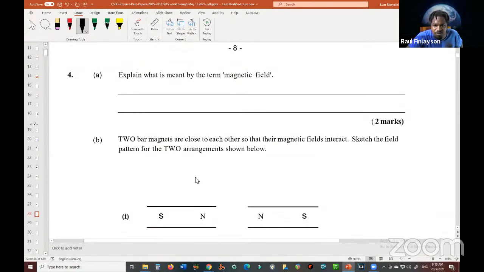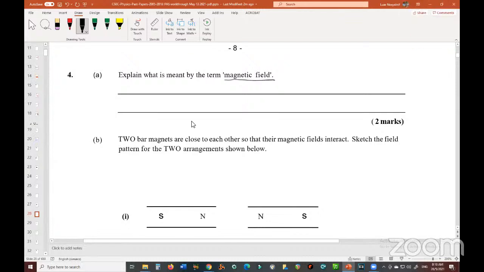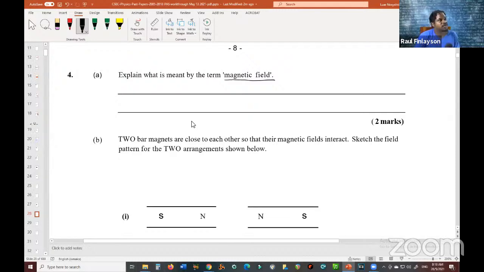Two marks. Explain what is meant by the term magnetic field. Anybody know? Anybody remember? I did mention it. Can anybody say in their own words what a magnetic field is? The force of attraction.